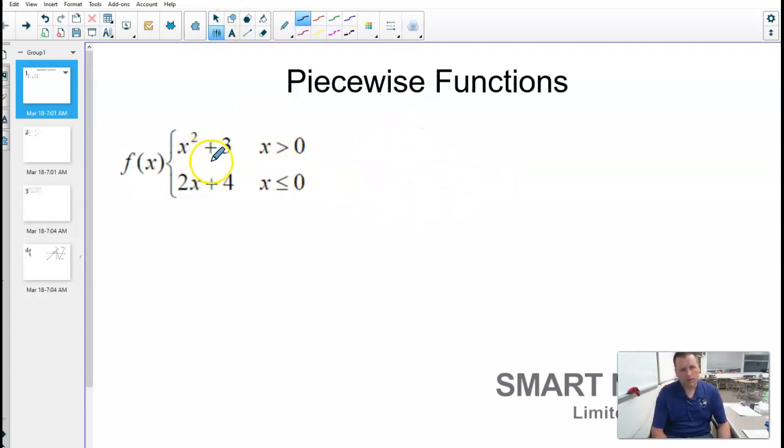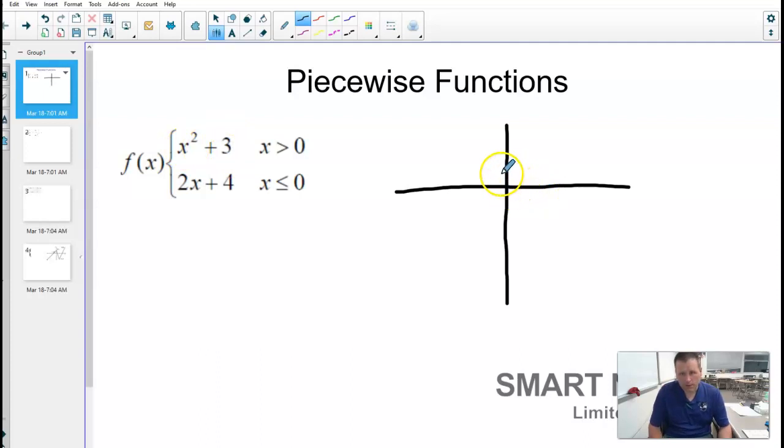What this is telling me is to use this top function whenever x is greater than 0. So I only want the part that is greater than 0 for this. If I looked at a graph here, I know this is a quadratic function that's been shifted up 3. And if you need to, you can plug in 0, because that's a good critical value, and that's going to give you 3.